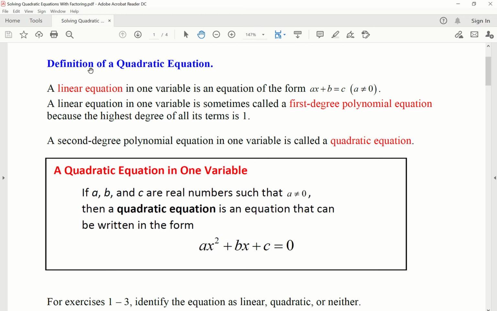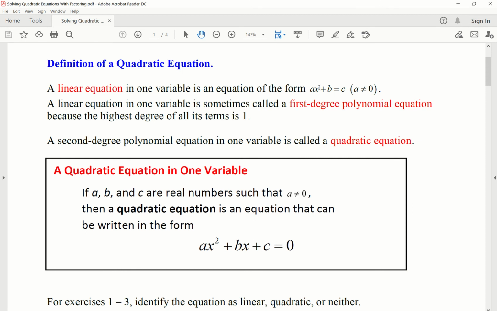The first thing we want to discuss before jumping to quadratic equations is let's review what we meant by a linear equation in one variable. A linear equation in one variable is simply an equation where you have one variable, oftentimes x, and the understood exponent is to the first power.